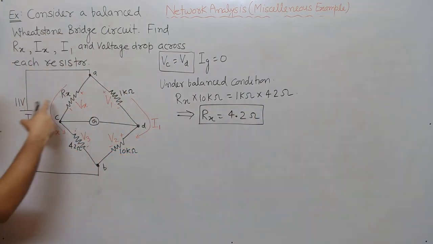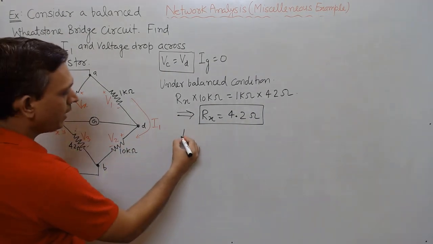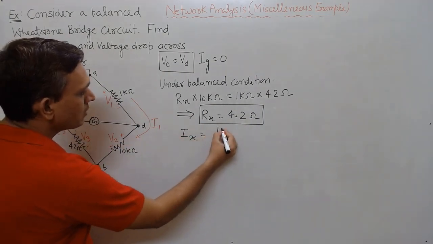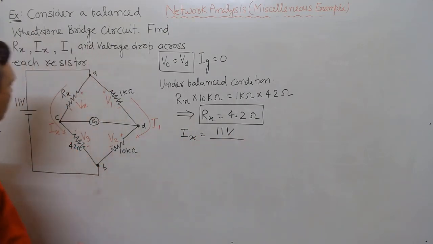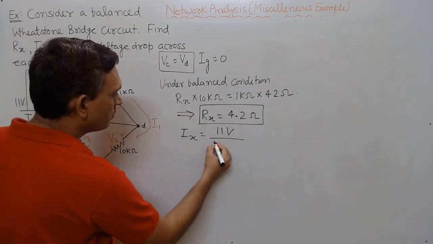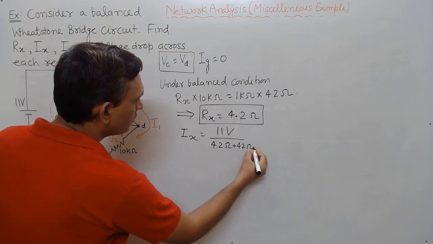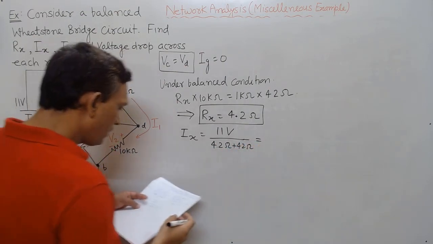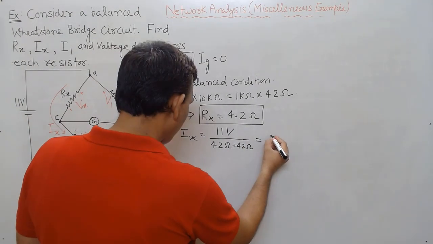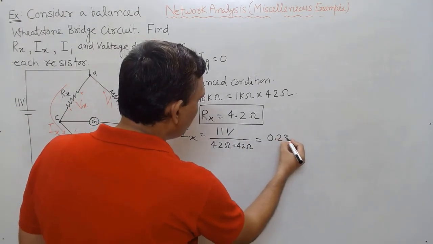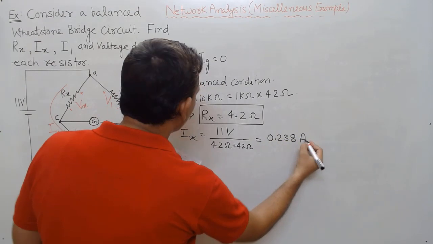So if you know Rx, you can directly write Ix. Ix is 11 volt by 4.2 ohm plus 42 ohm. So if you solve this, Ix will be 0.238 ampere.